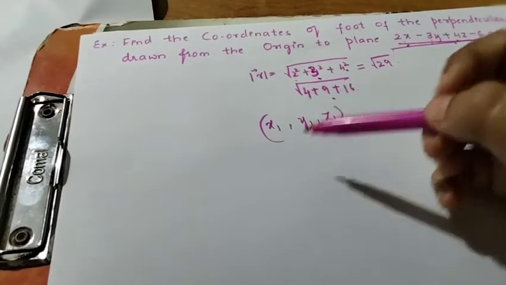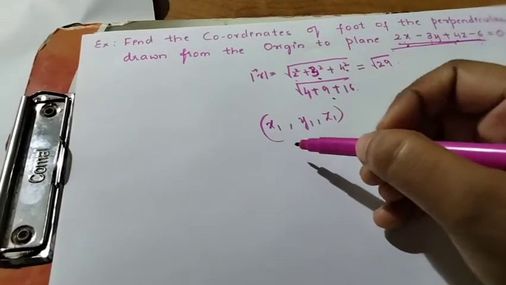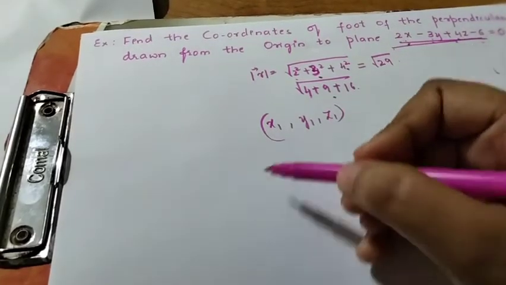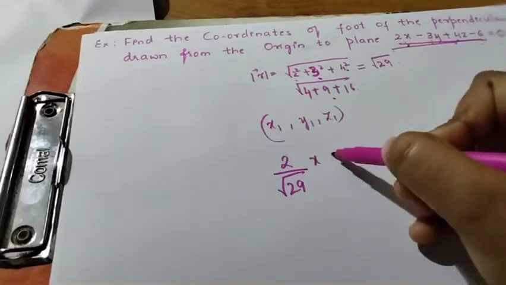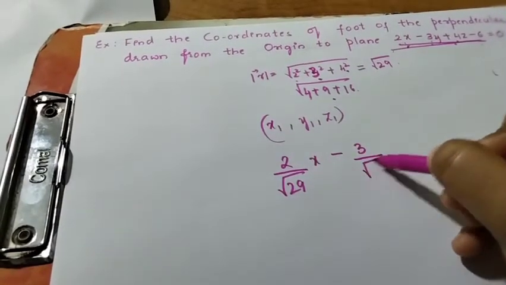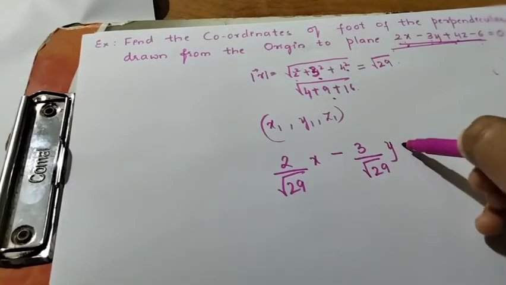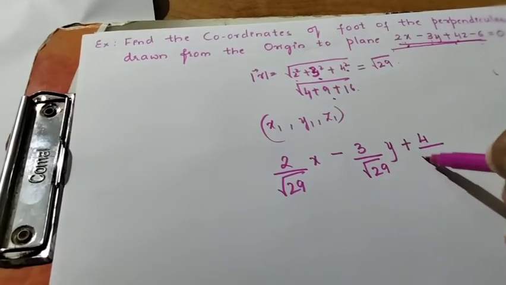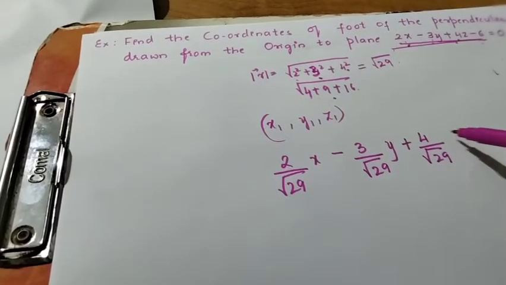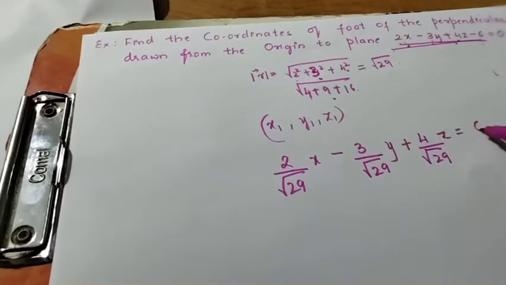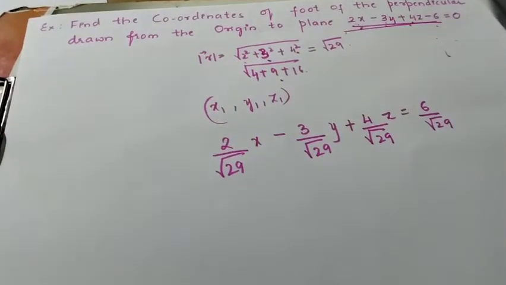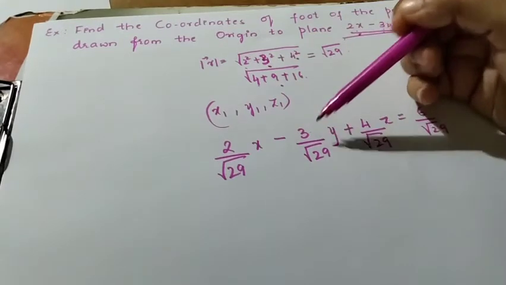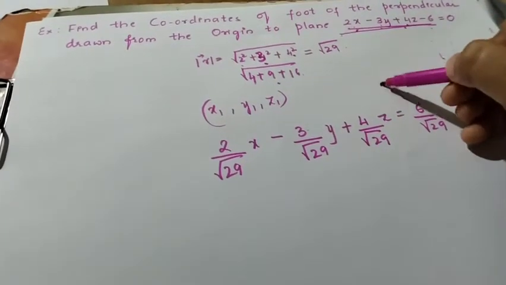So if I want to write it now in terms of that, I can write 2 divided by root of 29 into x minus 3 divided by root of 29 into y plus 4 divided by root of 29 into z is equal to 6 divided by root of 29. So this is the equation of a plane in normal form, that is, lx plus my plus nz is equal to d.